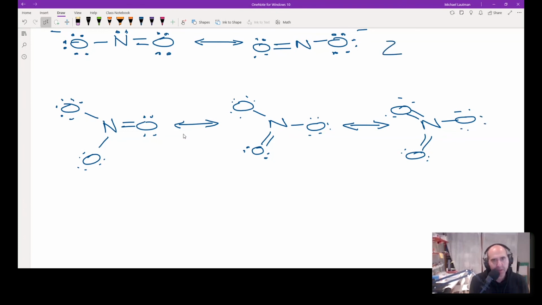So this one has two contributors. This one has three. So the charge is more spread out in the nitrate ion.